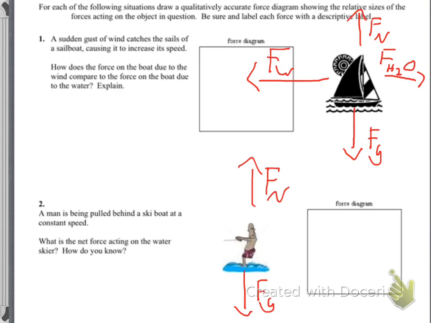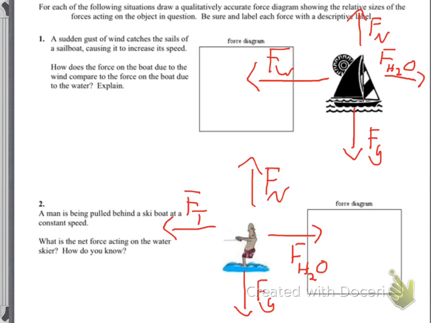Pulling him forward, keeping him heading towards the boat, we have the tension in the rope. And then pulling back on him, we can call that the force of the water, the friction of the water.